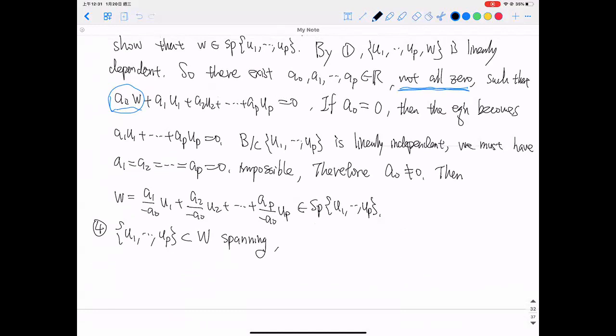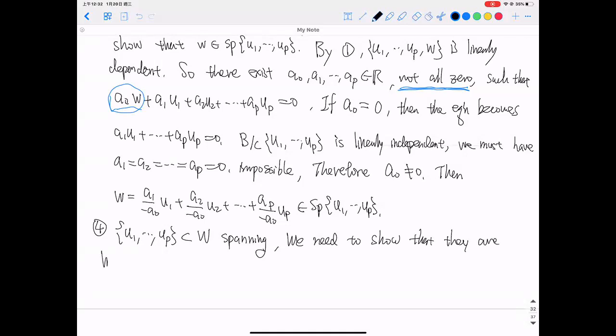Okay, then we want to show that they in fact form a basis, or in other words, we need to show that they are linearly independent.